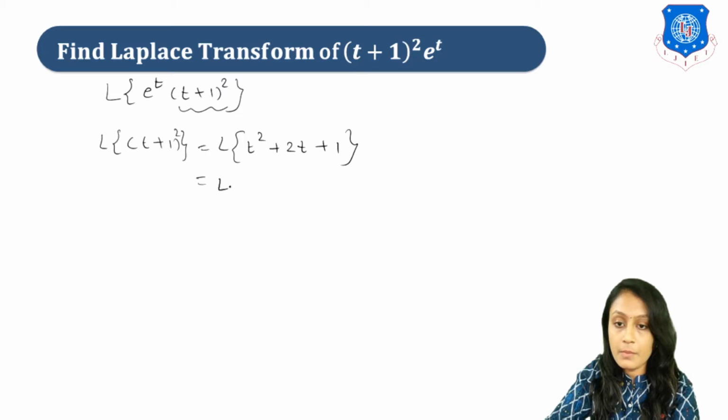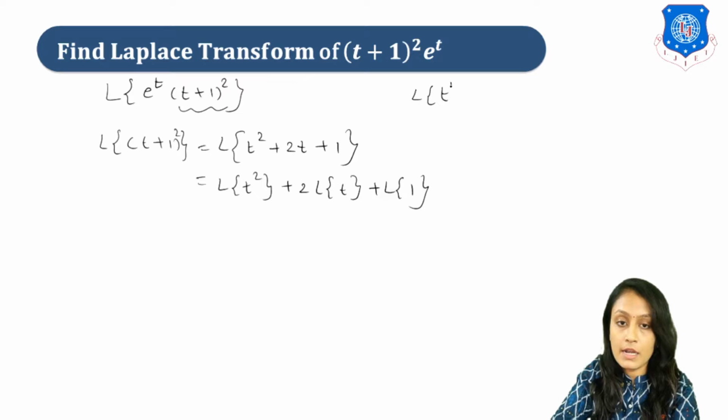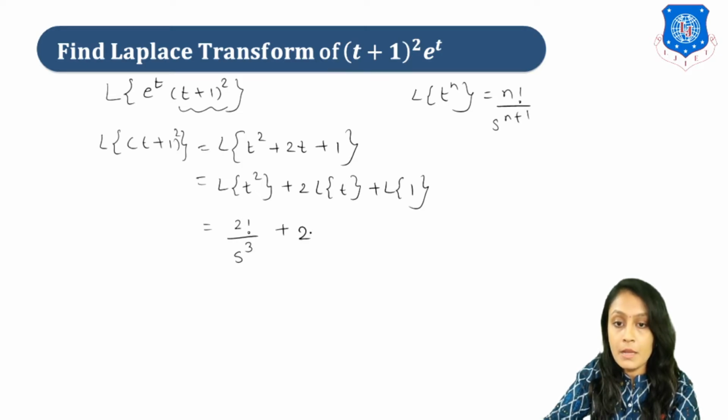Apply the linearity property: the Laplace transform of t square plus 2 times the Laplace transform of t plus the Laplace transform of 1. Now we know this formula, the Laplace transform of t raised to n is n factorial upon s raised to n plus 1. Here n is 2, so we will get 2 factorial upon s raised to 3, and the 2 as it is.